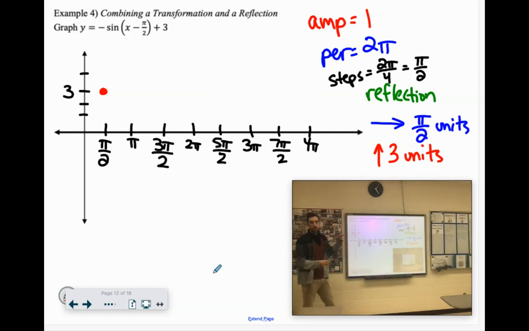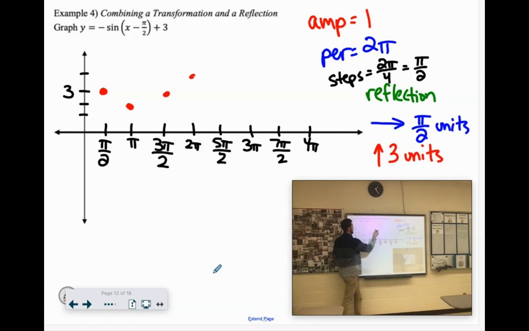Now sine typically goes from the center, up 1, then back to center, down 1, back. But we have a reflection here, so it's going to go opposite. So we're going to go down 1, then back to center, up 1, back to center, down 1, to center, up 1, and then it would go to center after that.